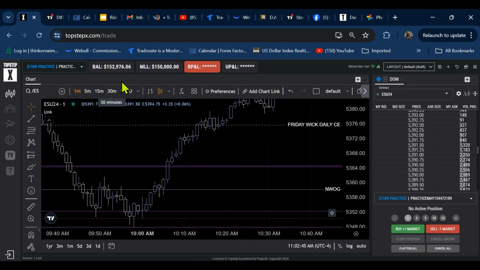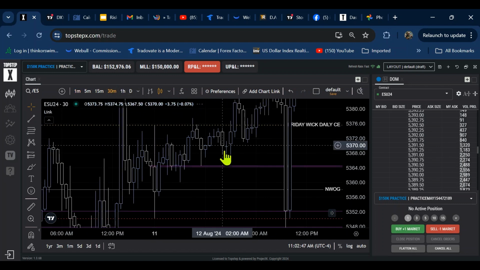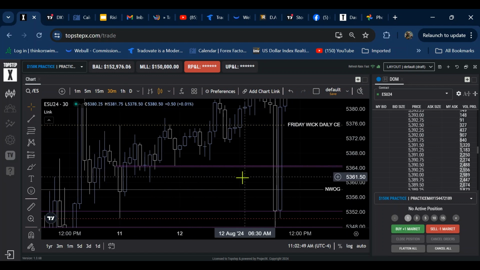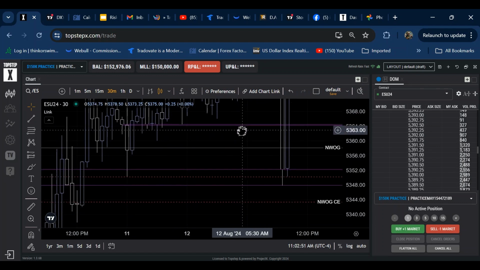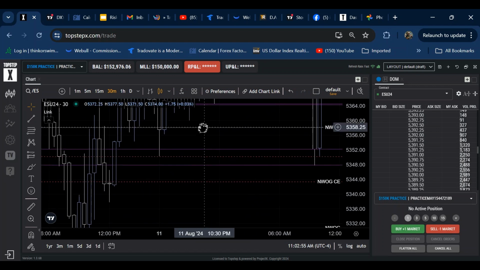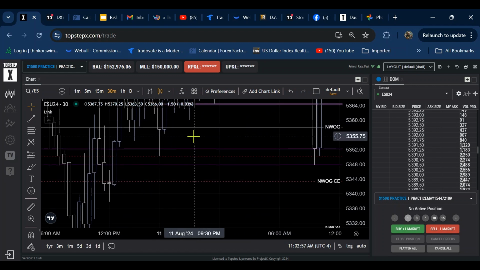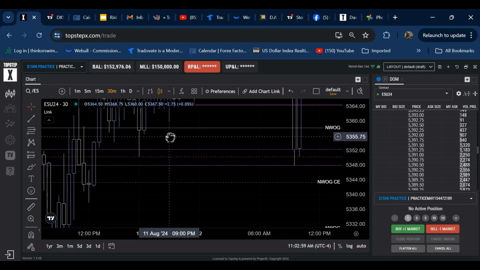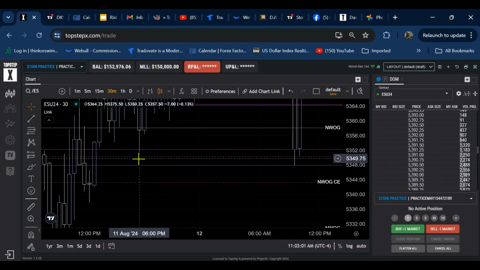If I go to like a 30-minute, you'll be able to see. This is where it hit. Right there is where it hit.